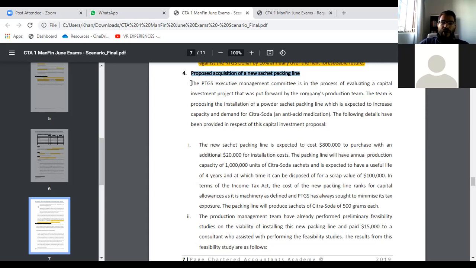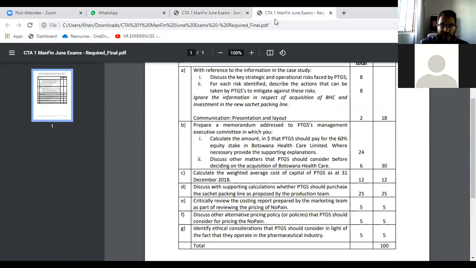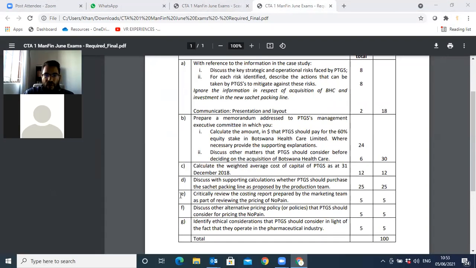Now they are talking about the proposed acquisition of a new sachet packing line. So let's have a look. If I click on the required, let me just see if you can see. Just give me a moment. Okay, you should be able to see the required, which says: discuss with supporting calculation whether PTGS should purchase the sachet packaging line as proposed by the production team.